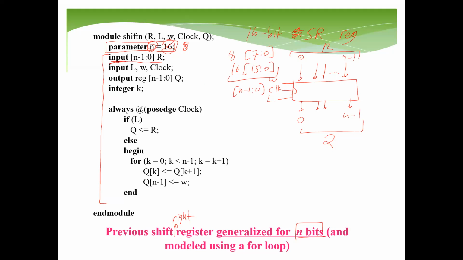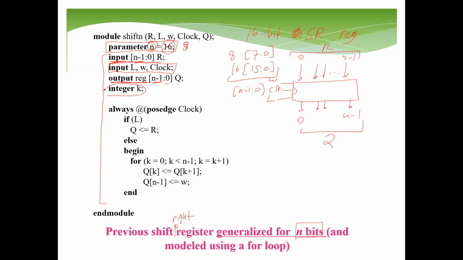That's why here the input is declared as a vector from n minus 1 to 0, same as the output from n minus 1 to 0. Now these are only 1-bit signals, as you can see from this figure. We have L, W, and clock. That's common for any sized shift register.